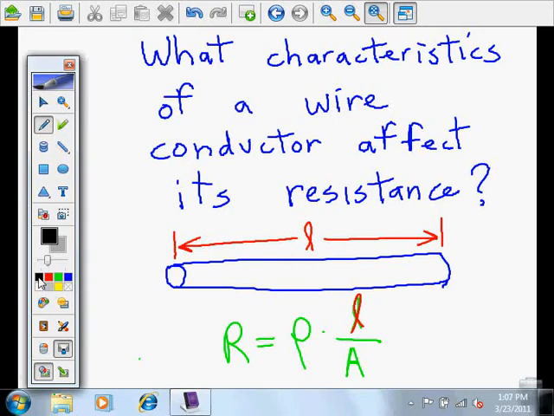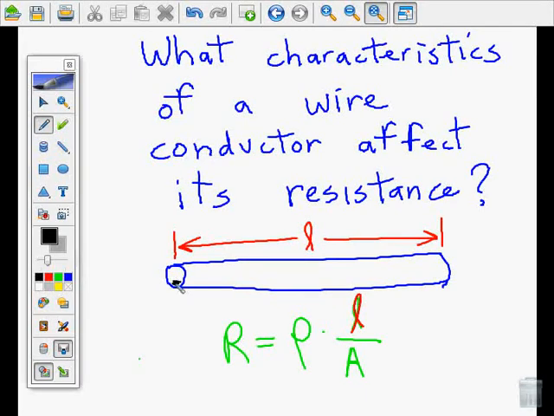The A stands for the cross-sectional area of the wire. This area right here. If you have a wire that has a bigger cross-sectional area, that means it's fatter, it's wider.